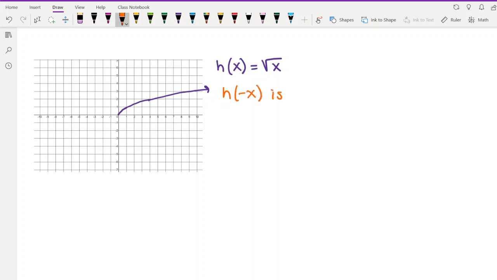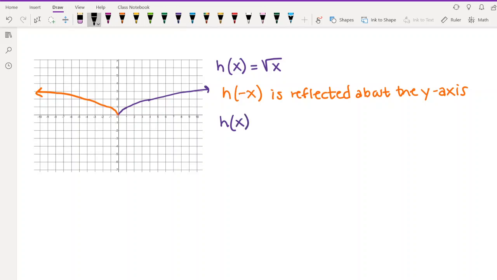Again, that is going to be a reflection about the y-axis. And what do we get? We get a graph like this. We can see already that the original function h of x is not the same as the reflected version, right? So that tells us that h of x is not an even function.